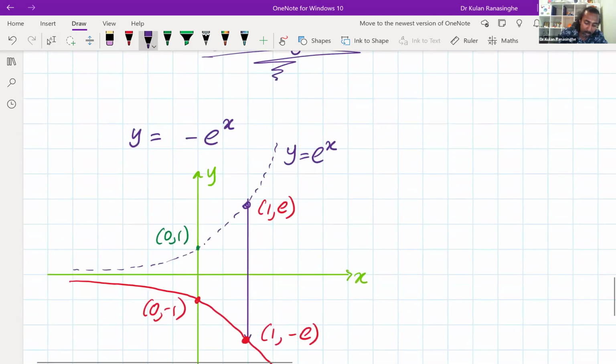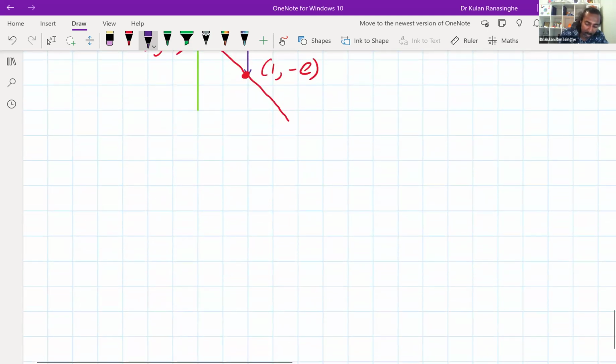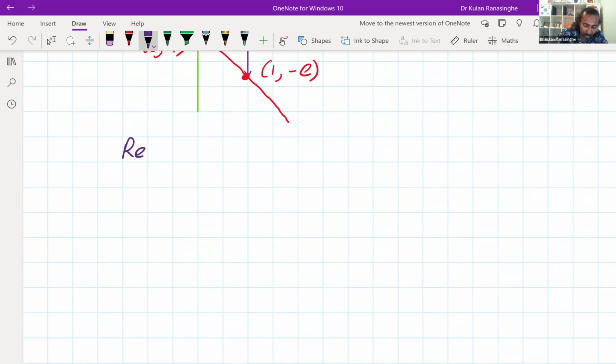This is number 1 in reflecting through the x-axis. Let's have a look at reflecting through the y-axis.